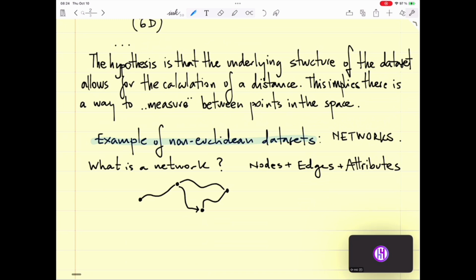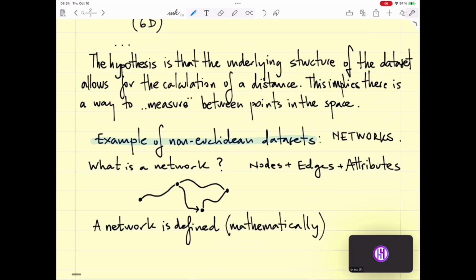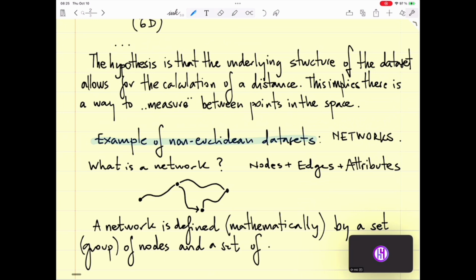So, a network is defined mathematically by a set, which means a group, okay, of nodes and a set of edges.